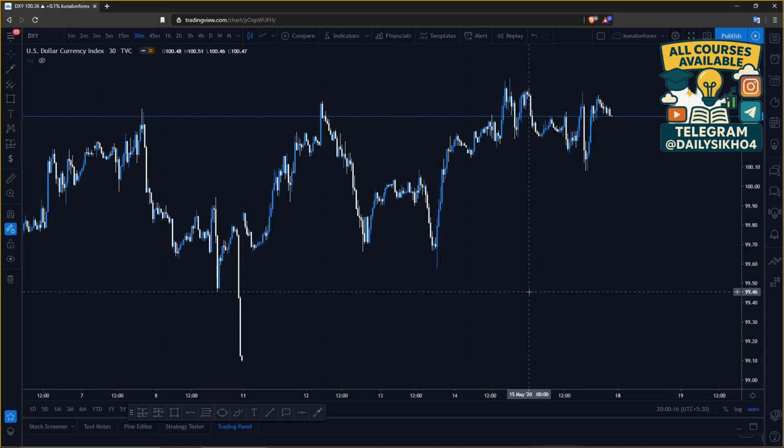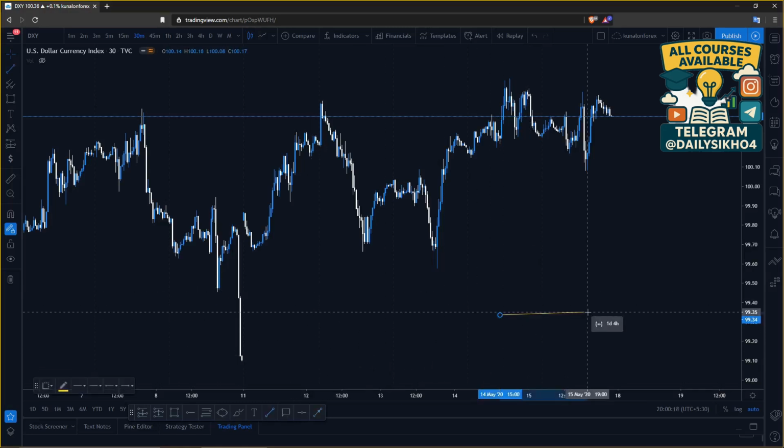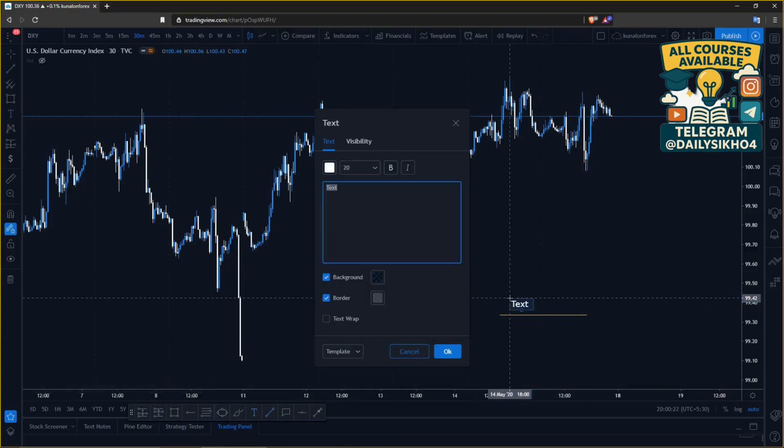Whenever you have a currency pair, let's say you have EU, you have AU, you have GU, you have NU, NZD USD, let's say these four pairs.